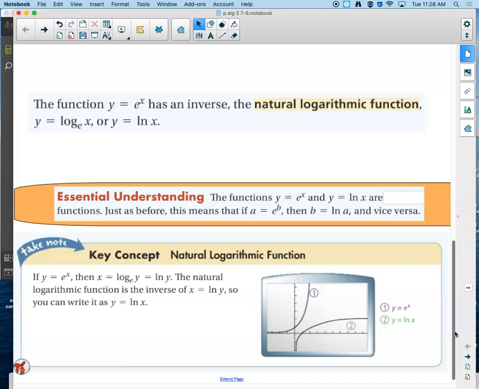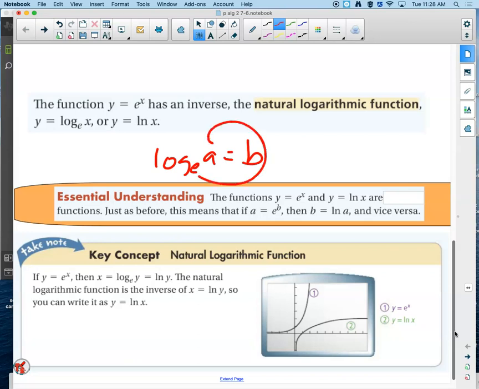Instead of writing it as b equals ln of a, I write it like this so it makes sense. When I snail shell this, this says e to the b equals a. And that's exactly what this says, right here.